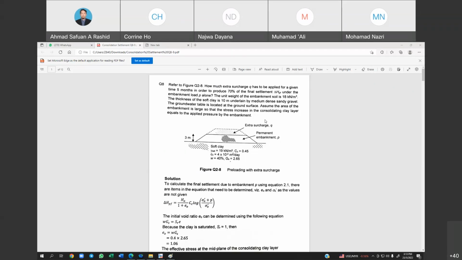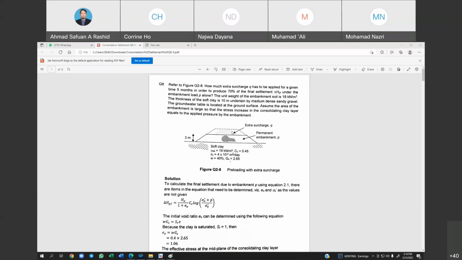Assume the area of the embankment is large so that the stress increase in the consolidating clay layer equals the applied pressure by the embankment. So we look at the solution. To calculate the final settlement due to the embankment P, the first is the permanent embankment. So there is an additional surcharge.